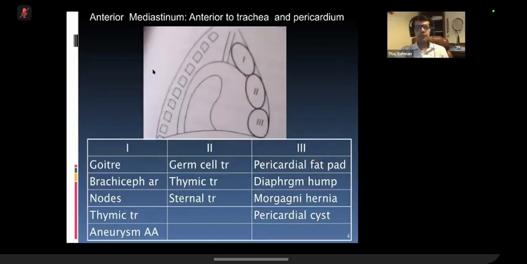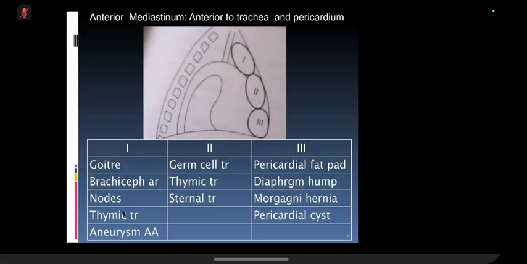Yeah. So it's very easy to address differentials of mediastinal masses if you divide it like what Chapman has done. So in the superior part of the anterior mediastinum, realistically, apart from vascular structures, which you will be readily able to identify, there are only three differentials: goiter, lymphadenopathy, or thymic tumor.